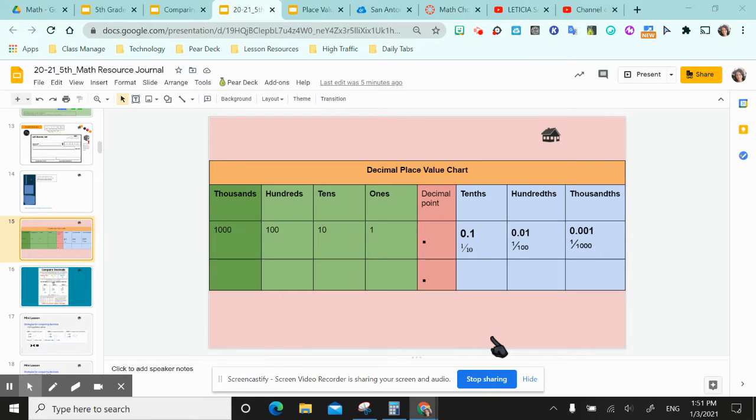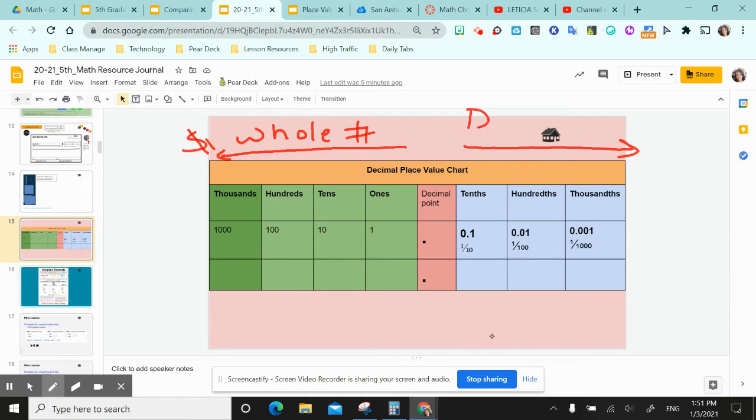So remember, anything to the left of the decimal, that's your whole numbers. So again, that's like your dollars. Anything to the right of the decimal, that is your decimals.